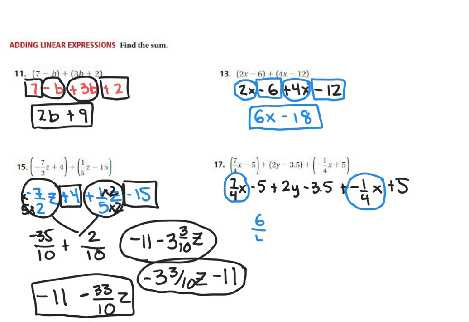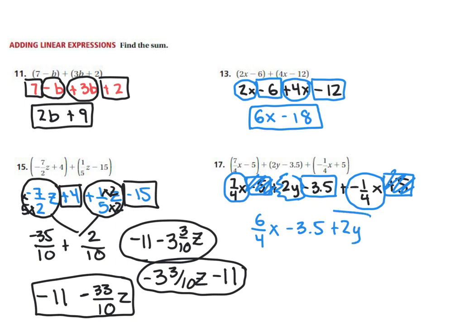6/4 x. We have negative 5, we have negative 3.5, and we have positive 5. So the negative 5 and the positive 5, those just cancel out. So we have negative 3.5. And then we have this plus 2y.